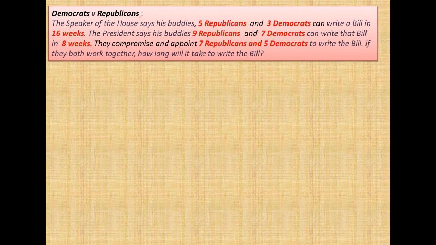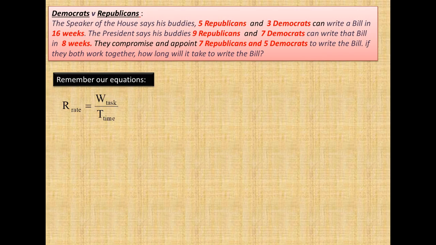The President says his buddies, 9 Republicans and 7 Democrats, can write that same bill in 8 weeks. They compromise and appoint 7 Republicans and 5 Democrats to write the bill. If they both work together, how long will it take to write the bill?